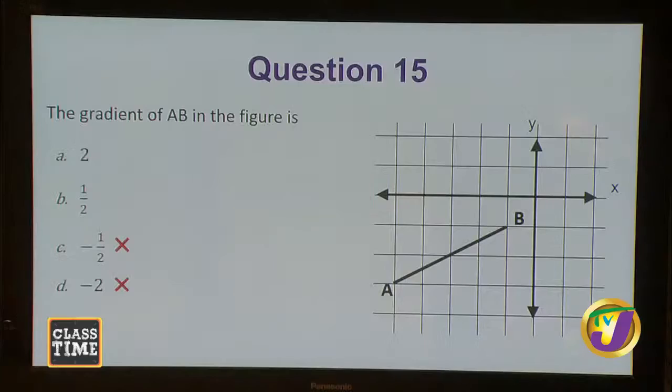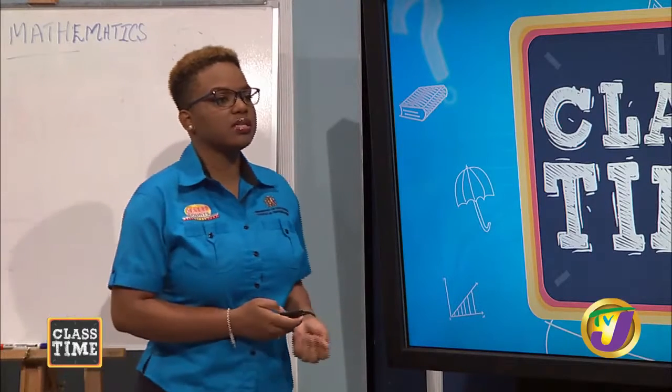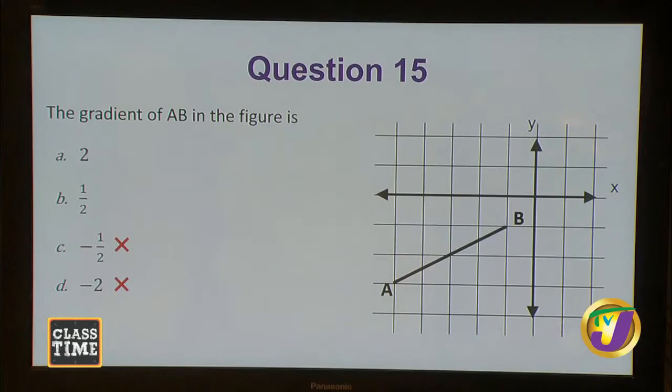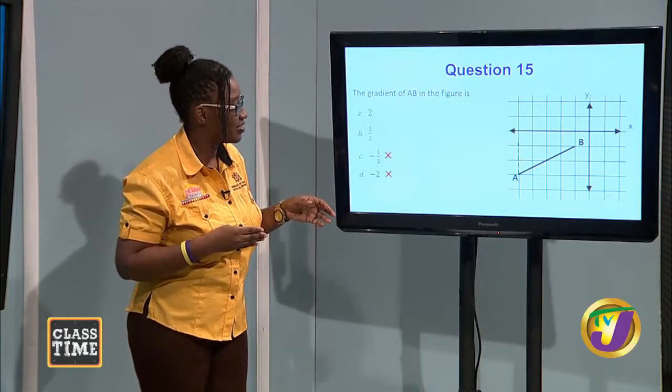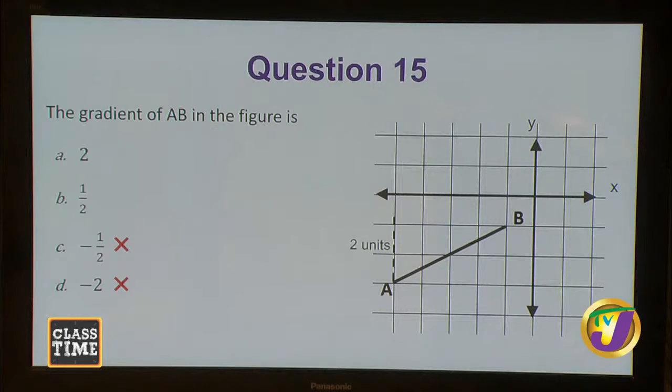Let's see. How do we find gradients from a graph? We know it's the m in the equation. So I need to see what the vertical movement is. There's my vertical movement, and that's 2 units. Let's check my horizontal movement, 4 units.